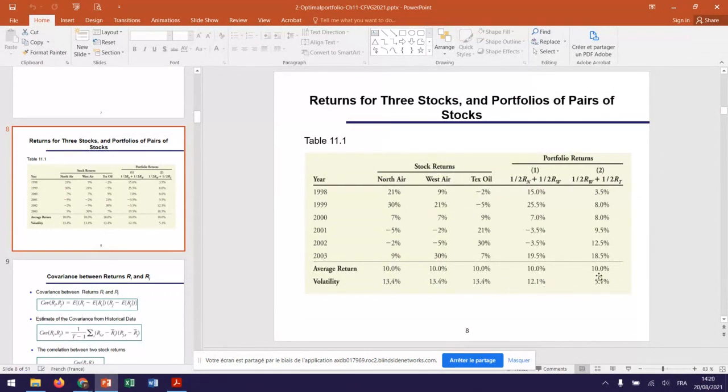We also learned that if the correlation between the stocks inside your portfolio is smaller, or even negative, you are able to diversify even further. Therefore, the volatility of your portfolio becomes smaller. That is what we call diversification benefit.